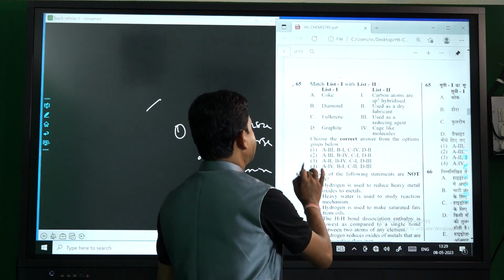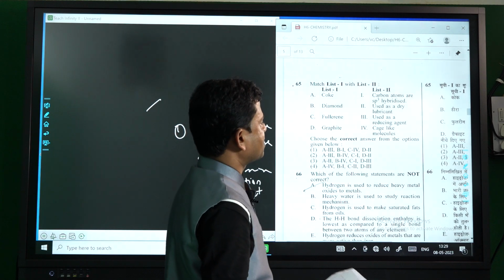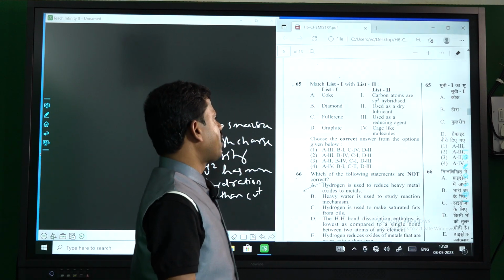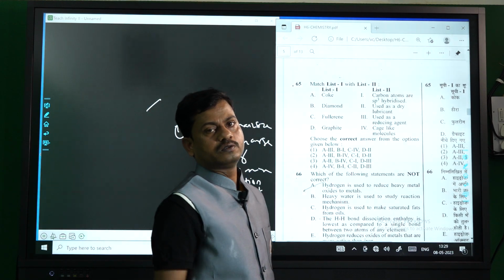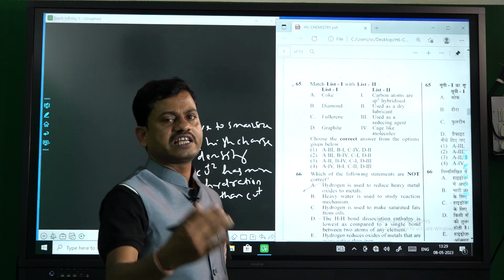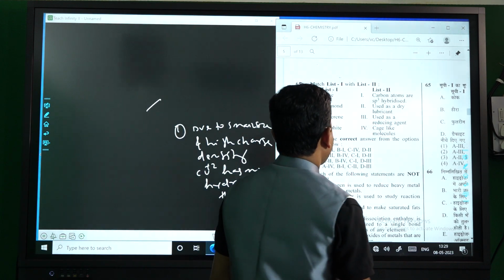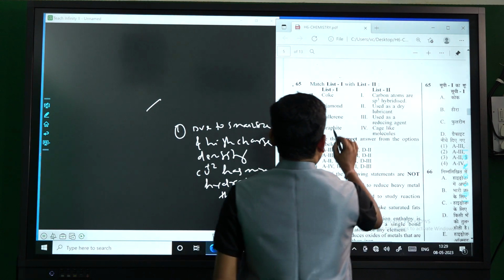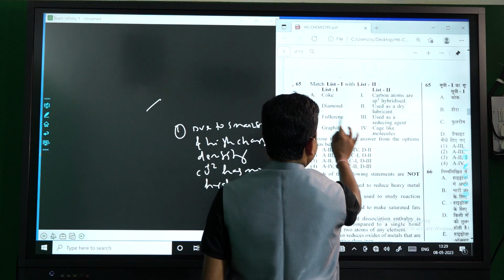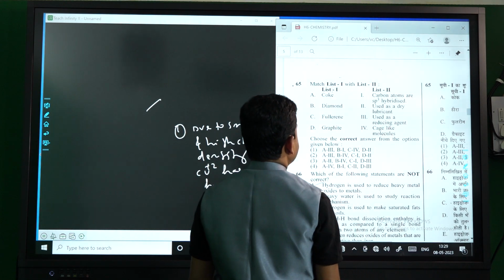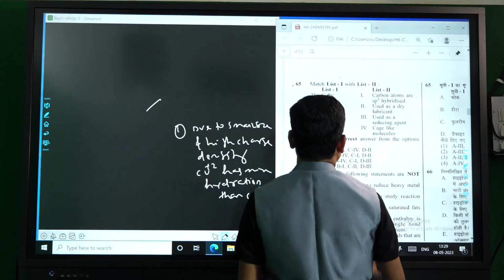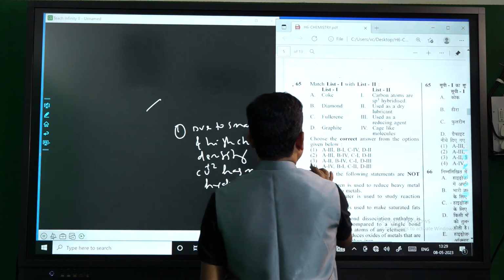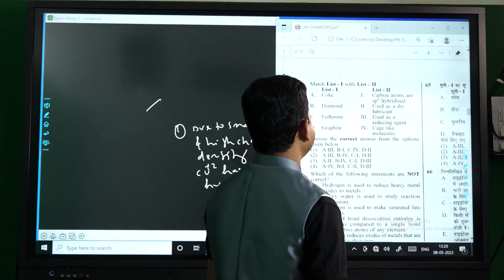Dear students, diamond, fullerene and graphite are crystalline allotropic forms, but coke is a powder, or you can say an amorphous form. Match these things. Coke is used as a reducing agent during metal extraction. So option 3 and 4 are incorrect.